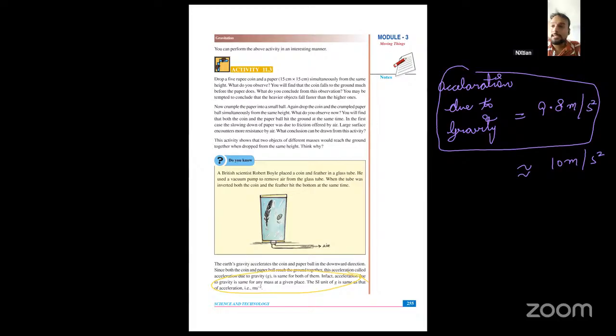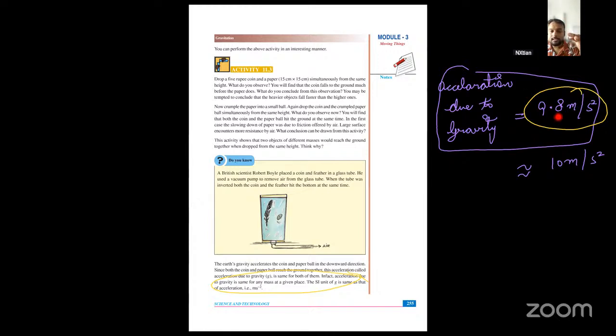Let's take one example. If I release this object, what does this number mean? I'm explaining it to you. Guys, listen. If the velocity of this key right now is zero, when I leave it, the velocity after 1 second will be 9.8.